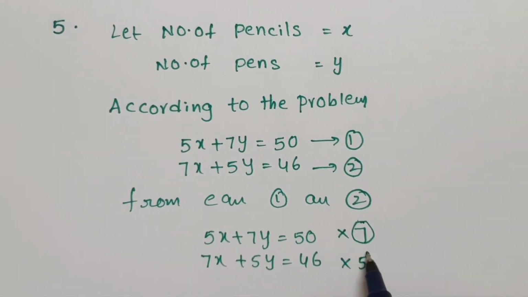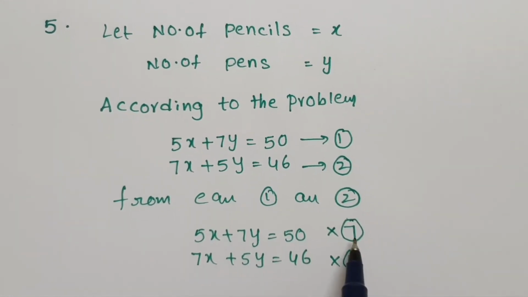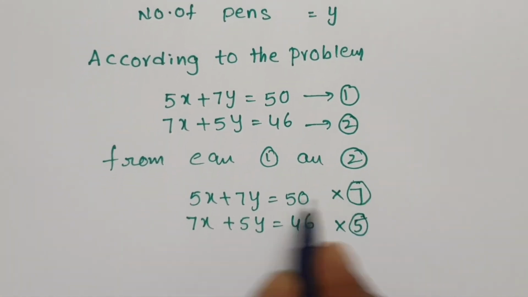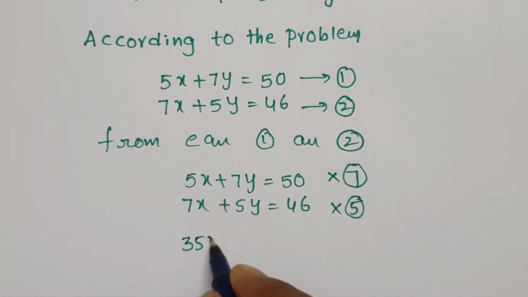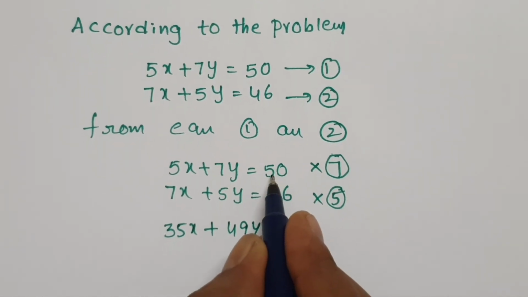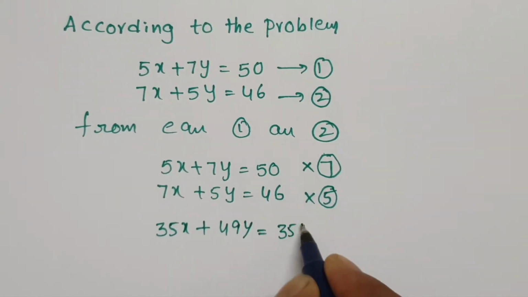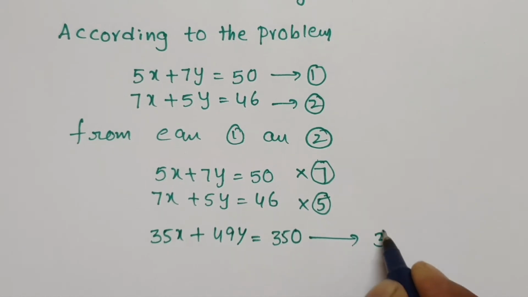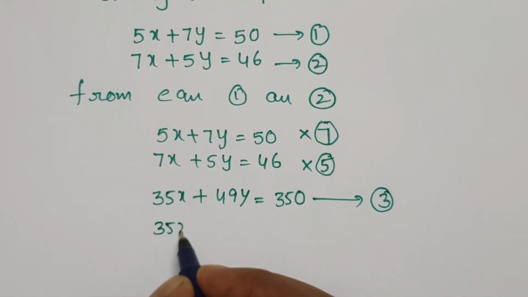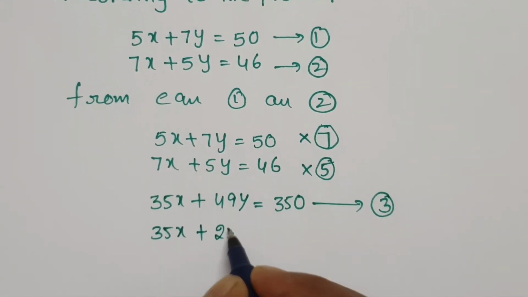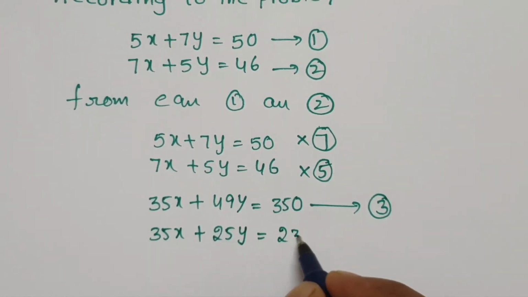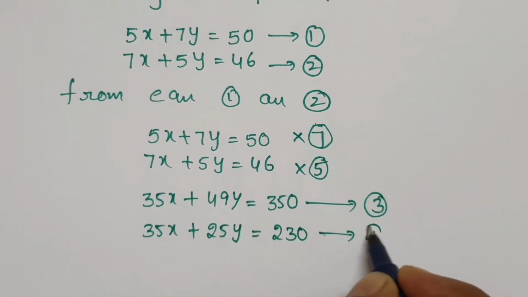For that, 7 5s are 35x plus 7 7s are 49y equal to 50 into 7, 350. This is equation number 3. Next 5 7s are 35x plus 5 5s are 25y equal to 46 into 5 will get 230. This is equation number 4.